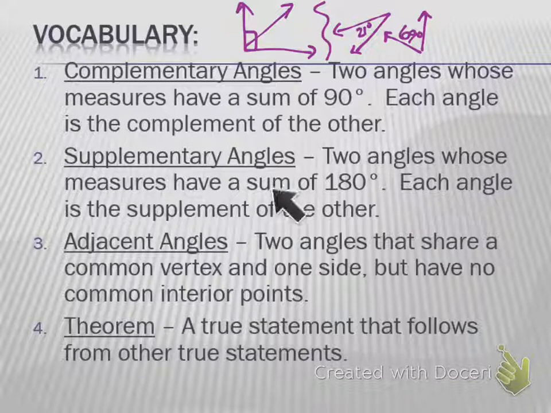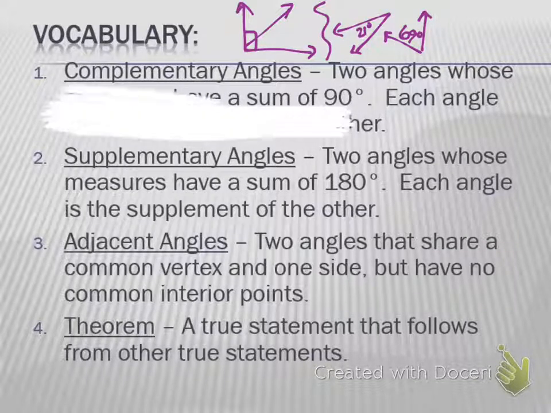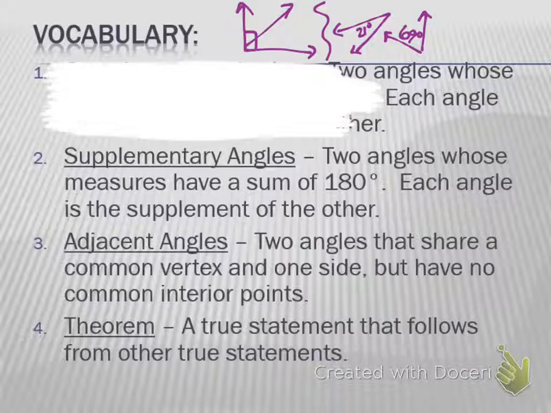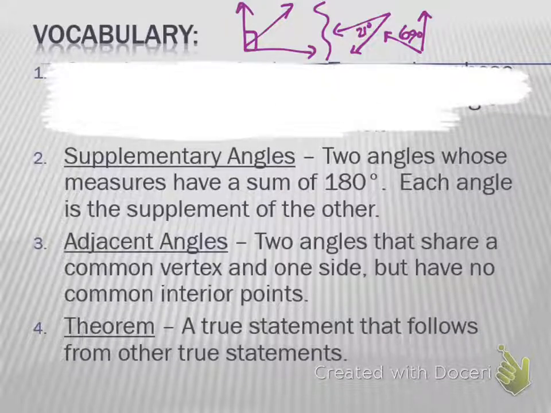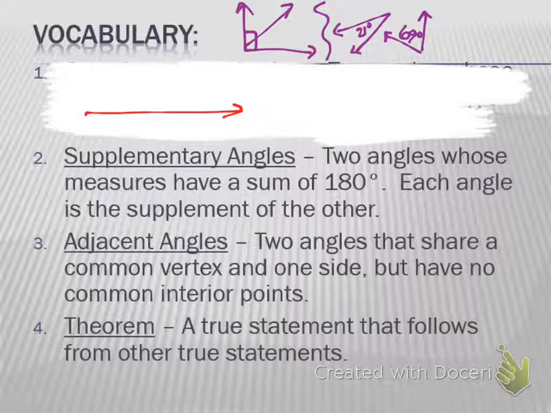We can have the same kind of situation with supplementary. Same kind of thing can happen for supplementary angles. This time they add up to 180 degrees. So I'm going to make some space up here for a diagram for supplementary. So again, for supplementary degrees, it could just be a straight angle that is split somewhere.